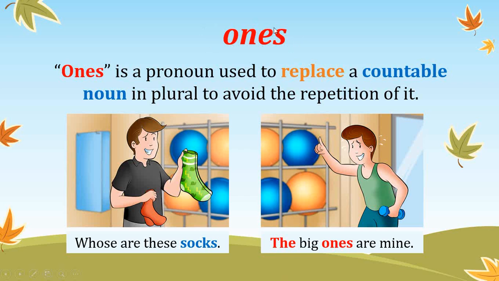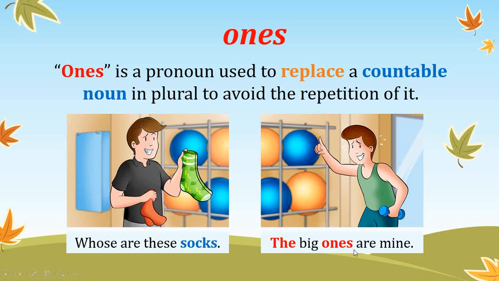Now, ones. Ones is a pronoun used to replace a countable noun, but in plural, to avoid the repetition of it. Whose are these socks? They are a pair of socks, 2 socks.